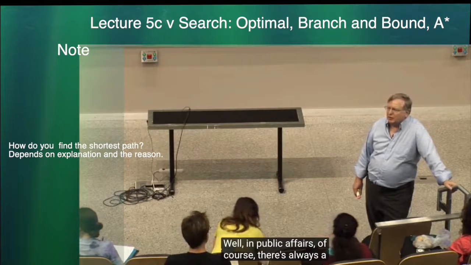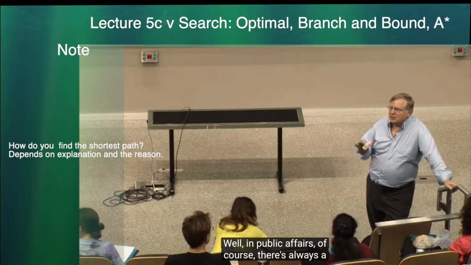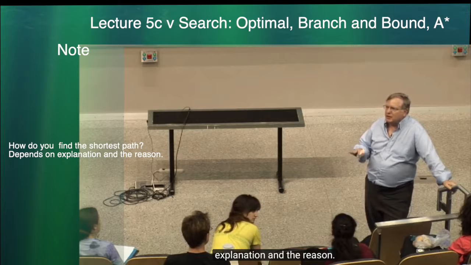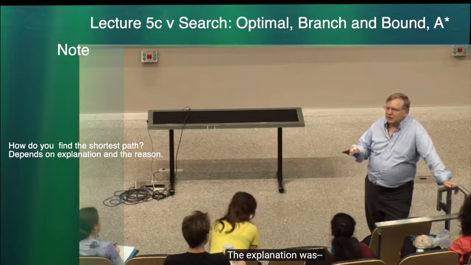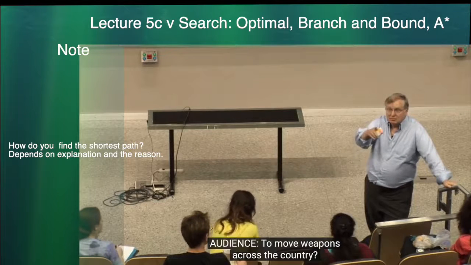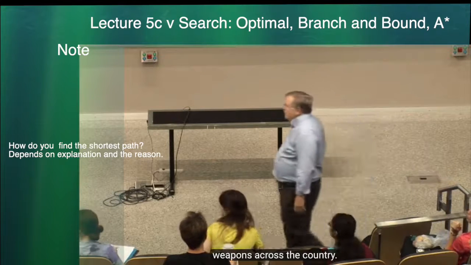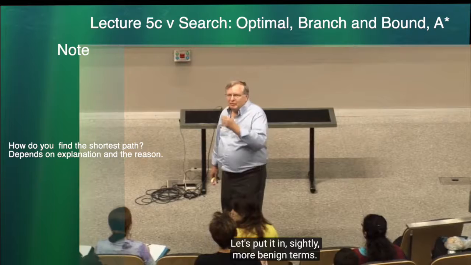Well, in public affairs, of course, there's always a distinction to be made between the explanation and the reason. The explanation was, well, move nuclear weapons across the country. Let's put it in slightly more benign terms.